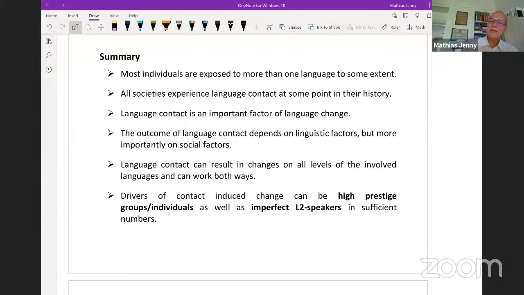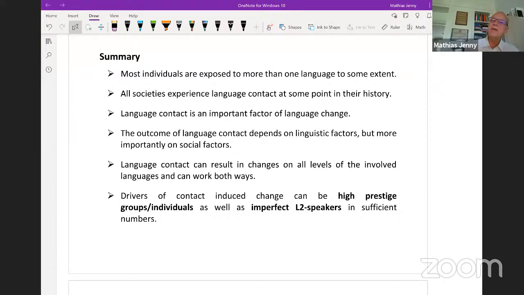Language contact is the second important factor leading to language change. We saw laziness as an important factor in language change. Contact is another important factor. How languages can influence each other in language contact depends much on the social structure of the speakers.